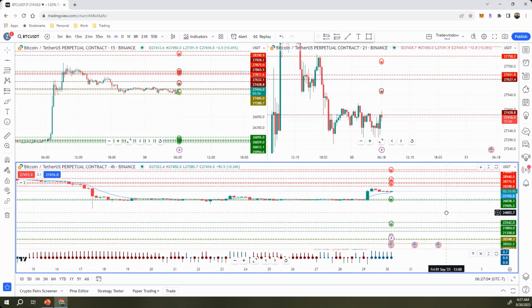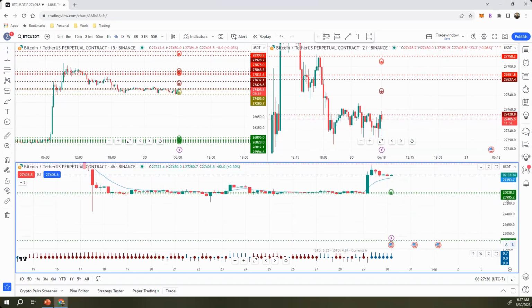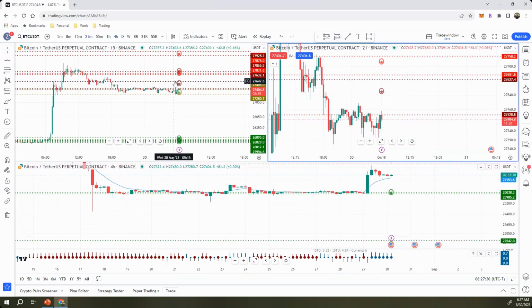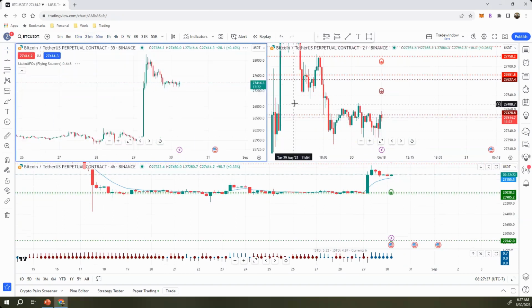I'm not sure what happened with my timer here, but there should be a countdown timer of how much time is left on this candle. It's essentially close to an hour and a half, I believe, that we have left on this one. So again, it's not the most probable of scenarios, but if it's something that we want to take a look at, we certainly can.